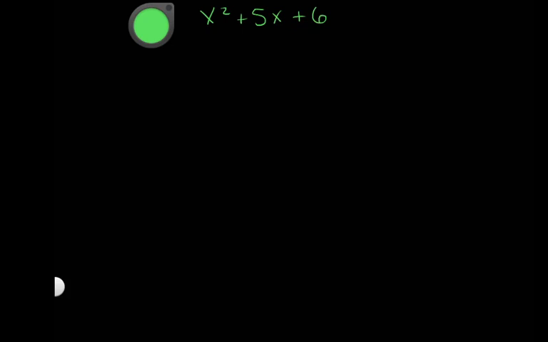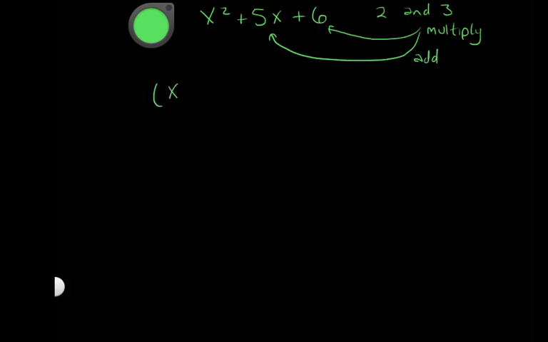And we said that 2 and 3 were the numbers that work. They multiply to 6, and they add to the middle number.